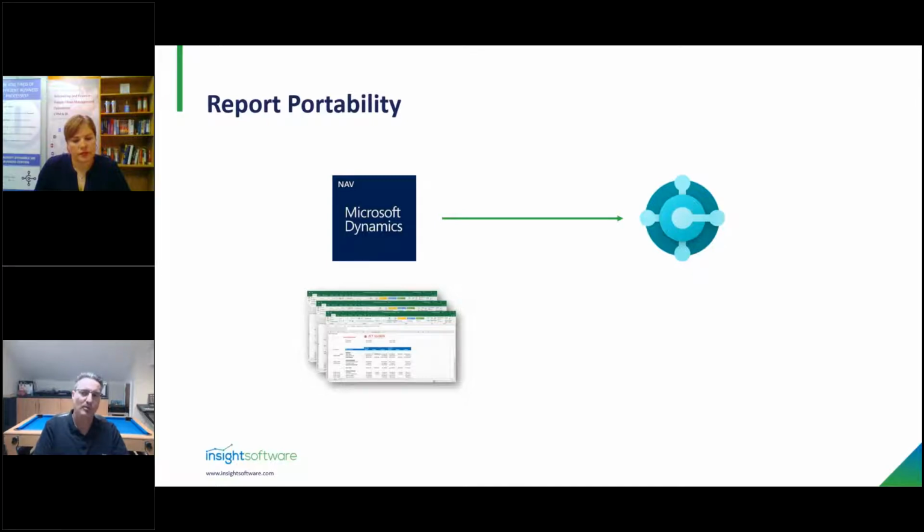Okay, so when we talk about report portability, and this is again a real value add, it can save a lot of consultancy work and time and effort when you come to, for example, upgrade your ERP.